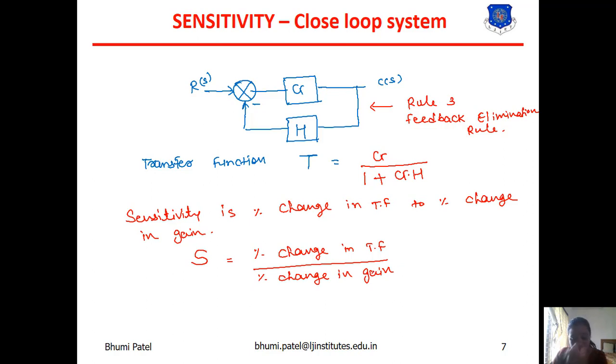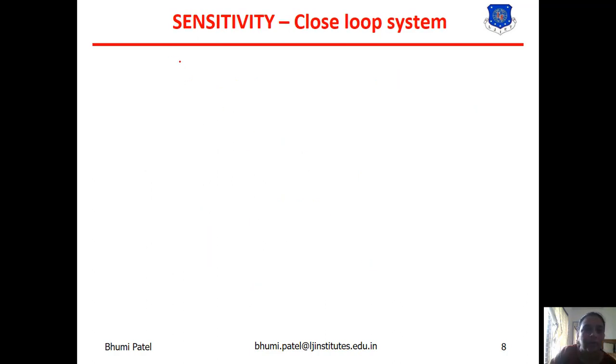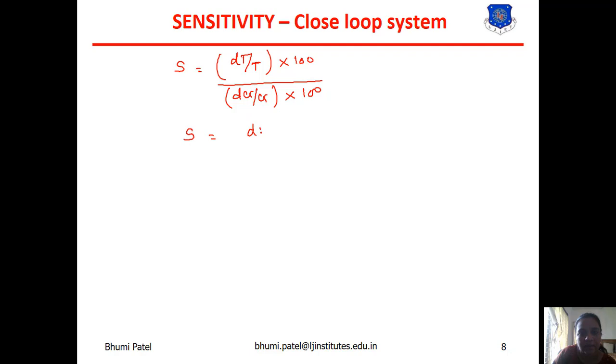We can write the equation S is equal to the percentage change in the transfer function, meaning dT by T into 100, upon dG by G into 100. Simplifying this equation, we get S equals dT by dG upon G by T. This is equation number 1.